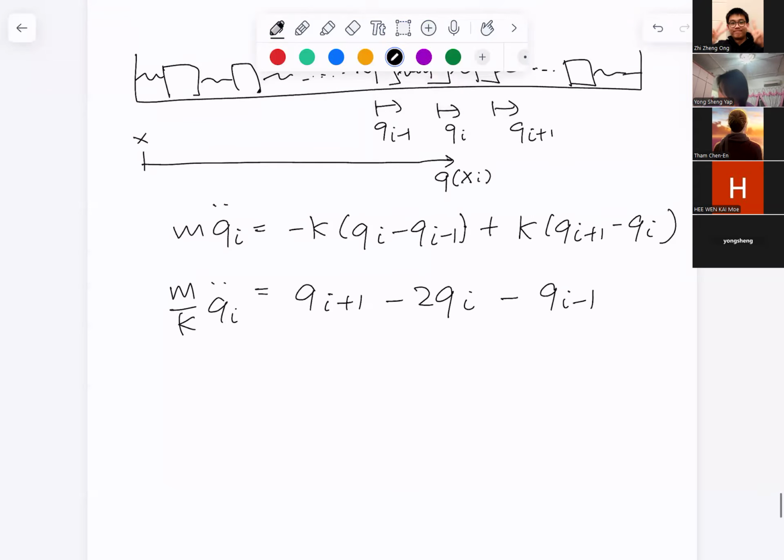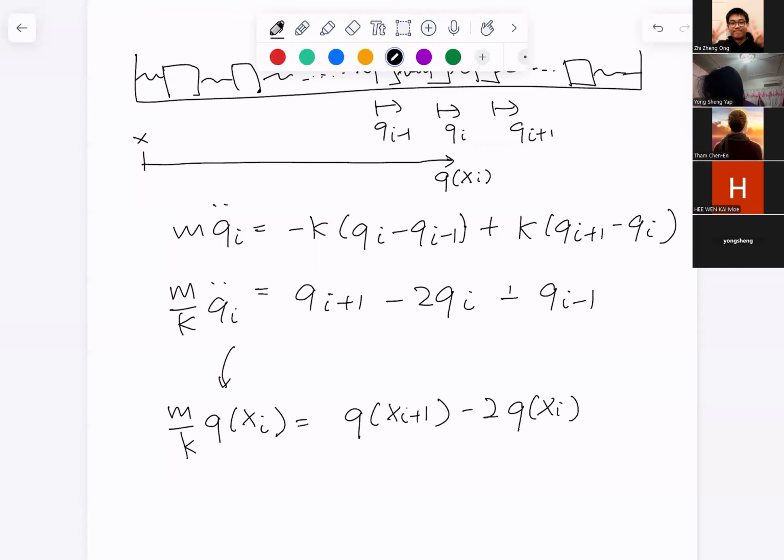So in the infinite limit of oscillators, what you get is something like Q of x_i plus one minus two Q of x_i plus Q of x_i minus one.